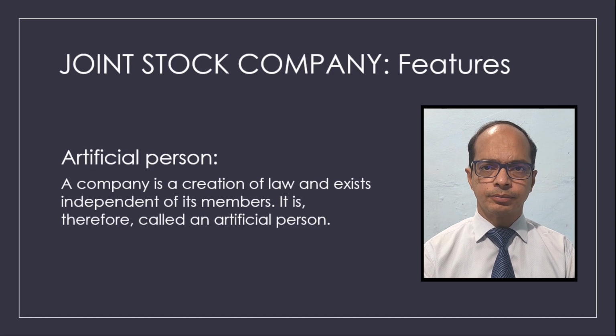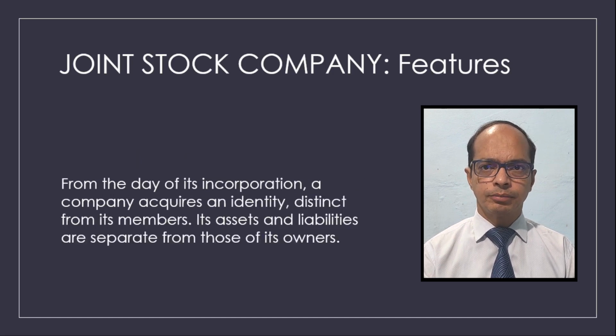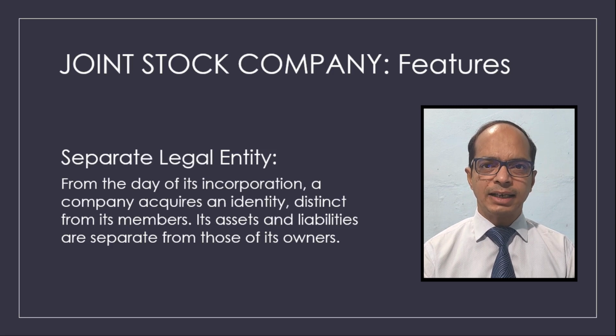Not only this, definitely it is an artificial person. It also has separate legal entity. Separate from whom? It has separate legal entity from its members, or you can say owners. And who are the owners of joint stock company? All the investors who are known as shareholders here.